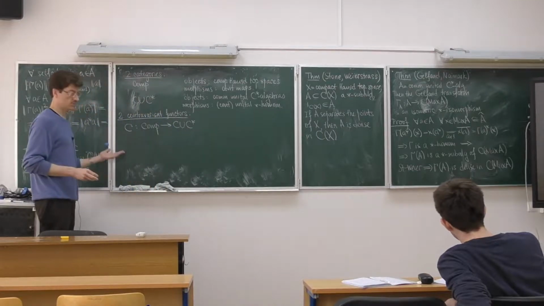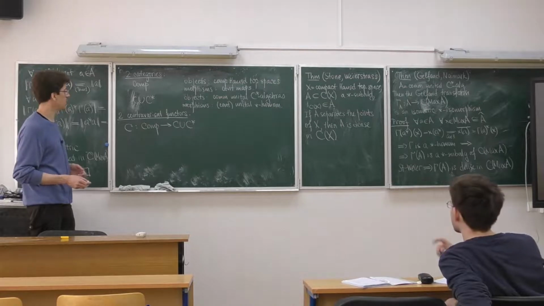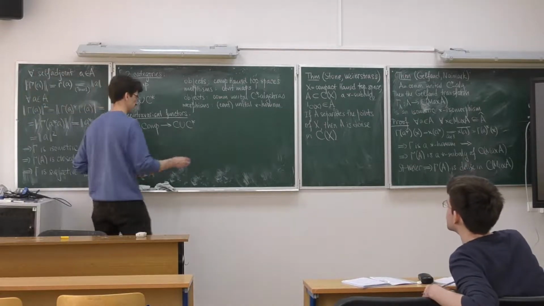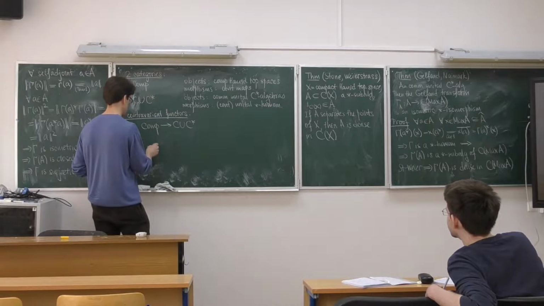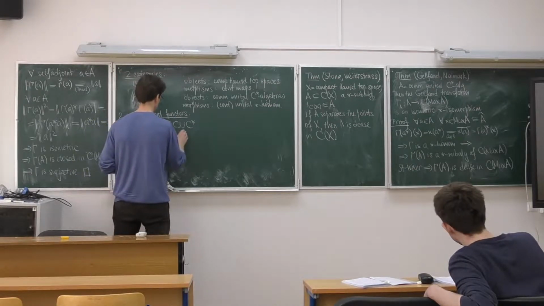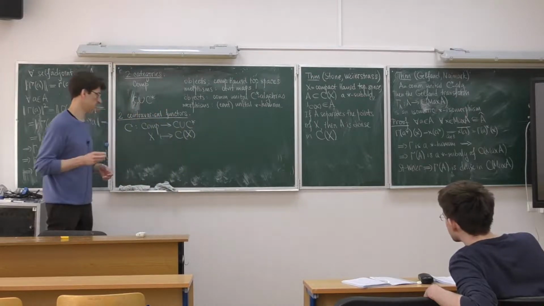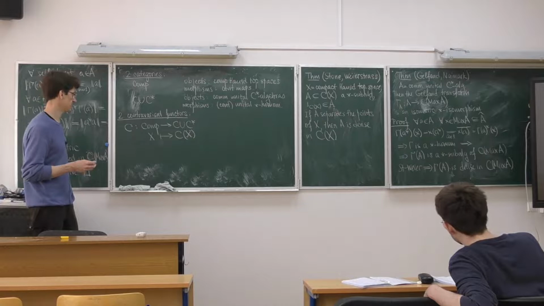So to define our functor, we must explain how it acts on objects and how it acts on morphisms. The action on the objects is very easy. It takes x to C of x, so the algebra of continuous functions, which is a commutative unital C-star algebra.